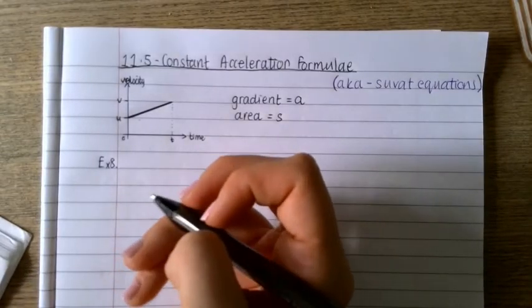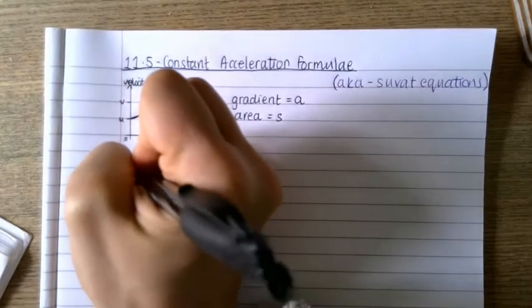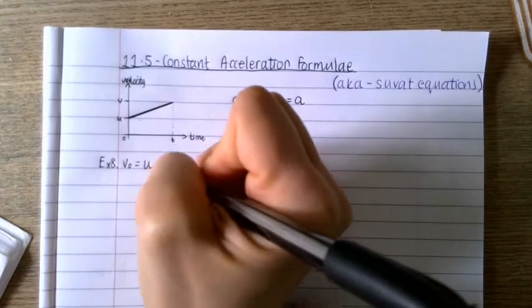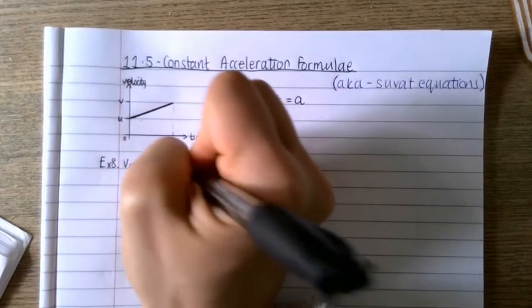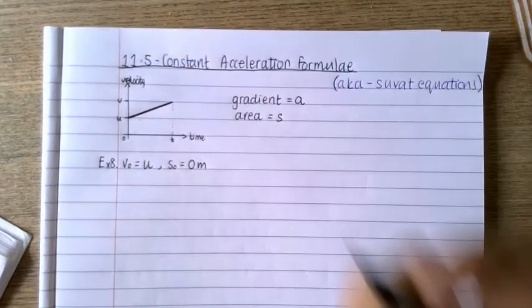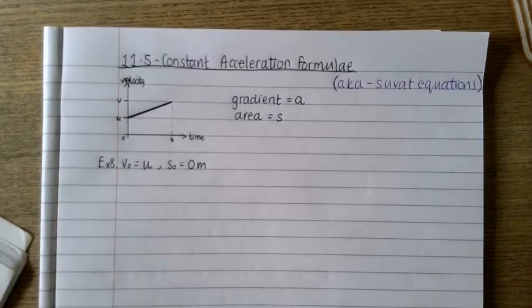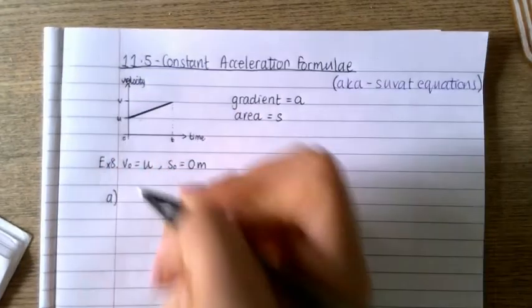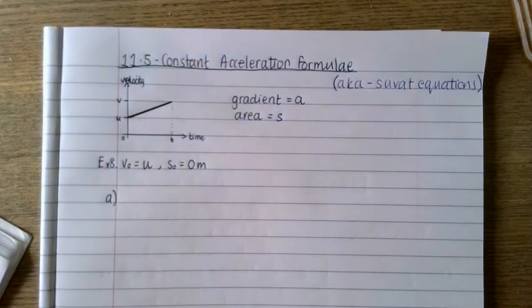They've told us that the initial velocity, so v0, is equal to u, and they've told us the initial displacement is 0, so s0 equals 0, and it's moving with constant acceleration a. And we want to prove that its velocity v at time t is given by v equals u plus at. So we're deriving that really common equation, v equals u plus at.